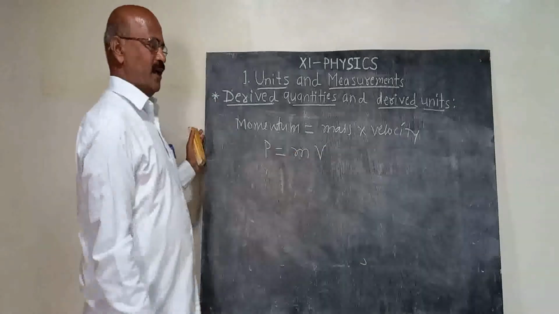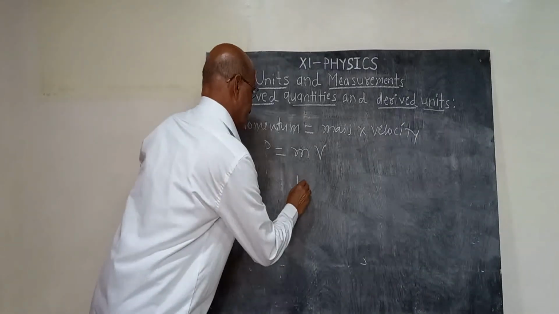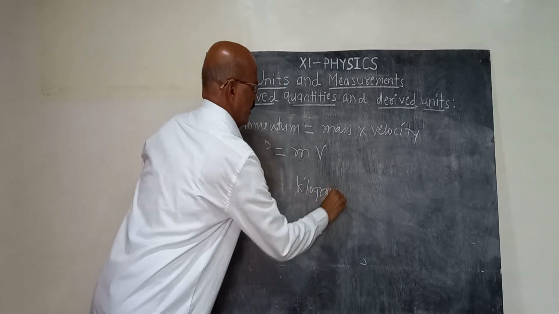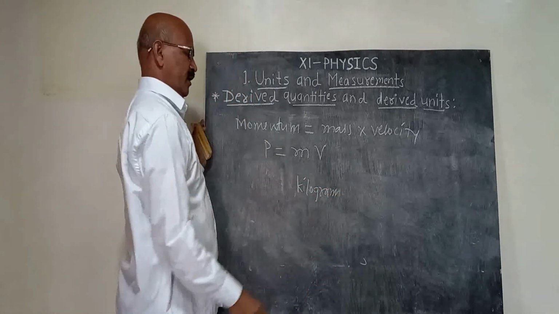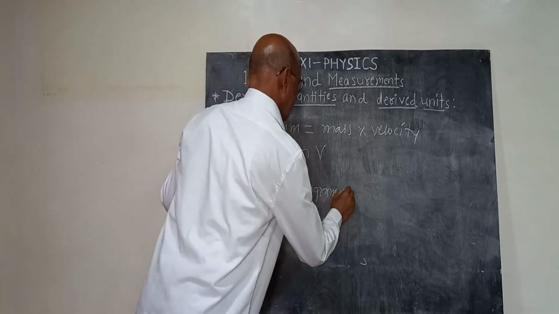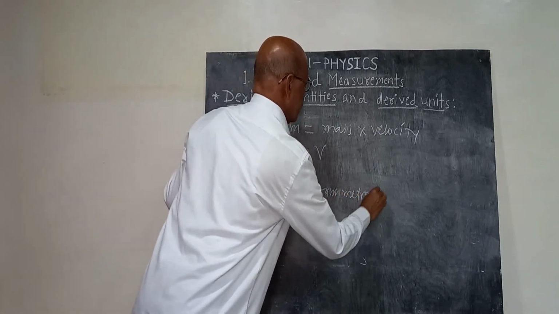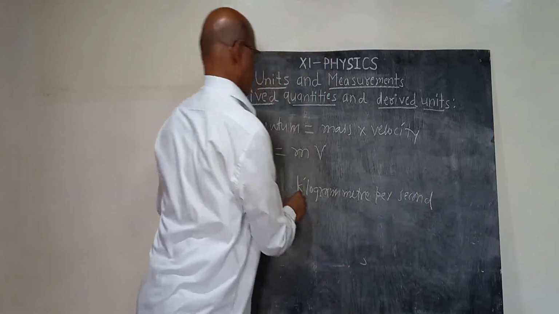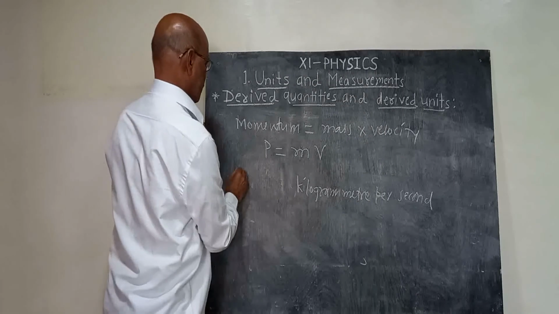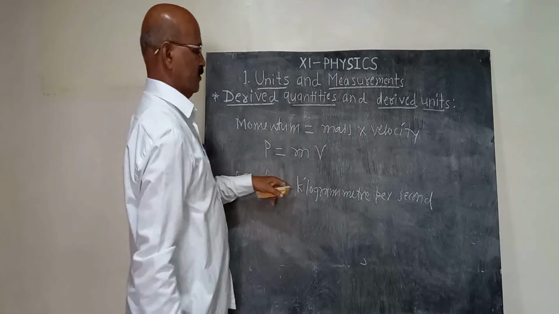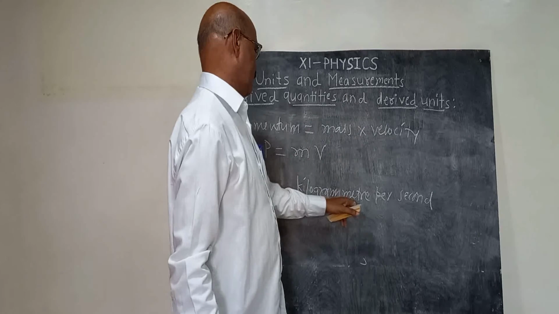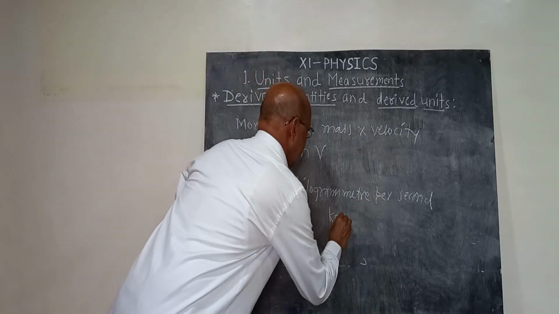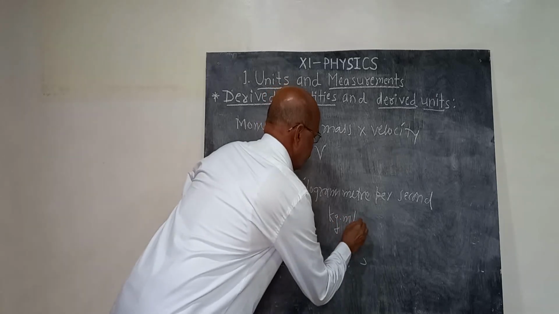By knowing the SI unit of mass, kilogram, and the SI unit of velocity, meter per second, the SI unit of momentum is kilogram meter per second, symbolically kg m per s.